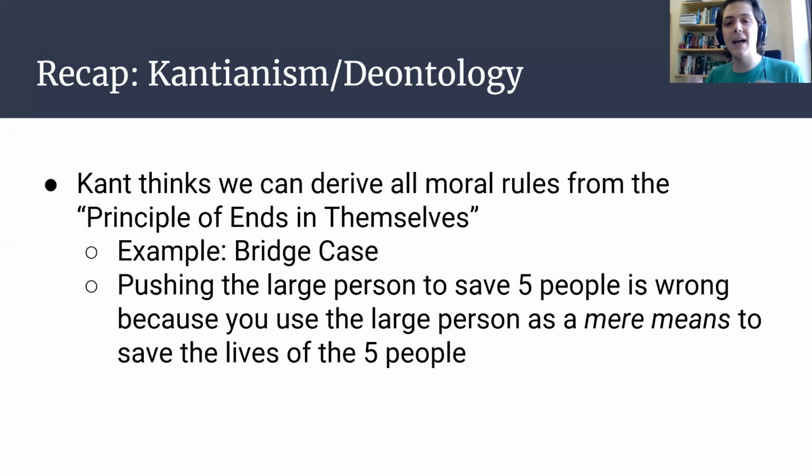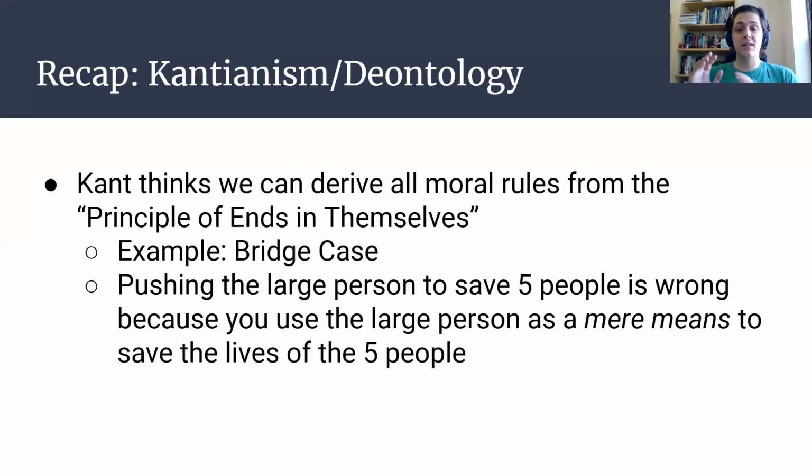You are using them as just a tool for your goal of saving these 5 people, but you're not treating the person you're pushing off the bridge as a person, as someone with their own thoughts, feelings, goals, desires, ends, their own projects they're working on, their own goals that they want to work towards.